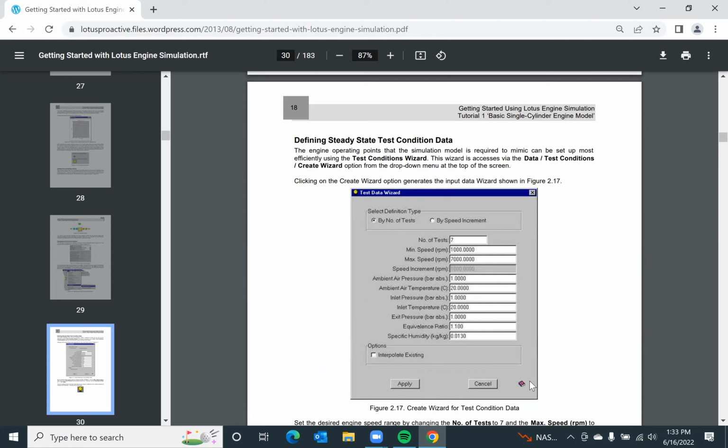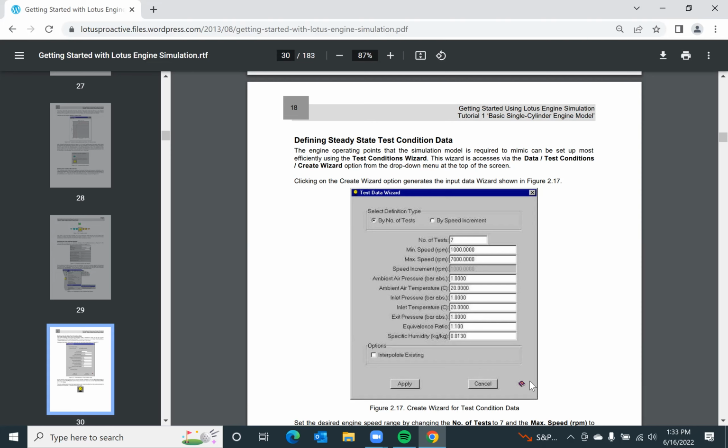So you provide those RPMs, and you add additional information like the ambient temperature and intake pressure. An intake pressure of 1 bar means it's not turbocharged. You are not compressing the air and putting it inside the cylinder.